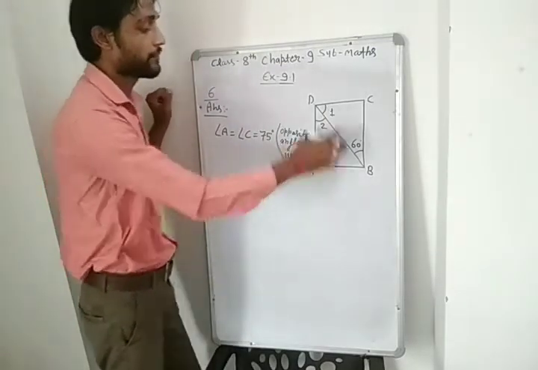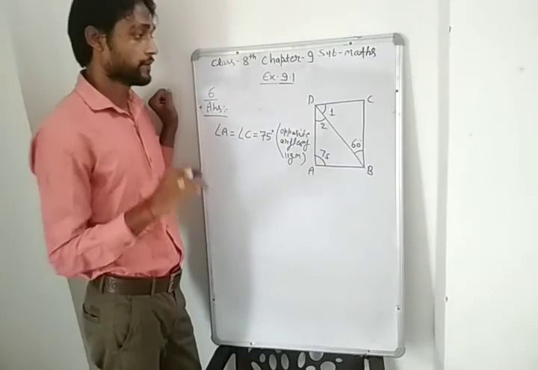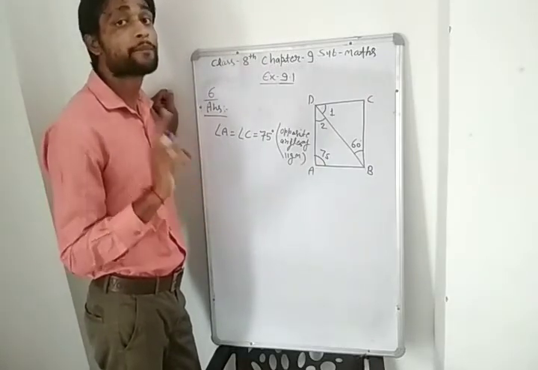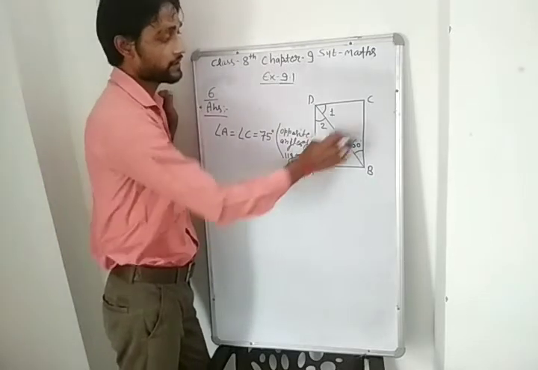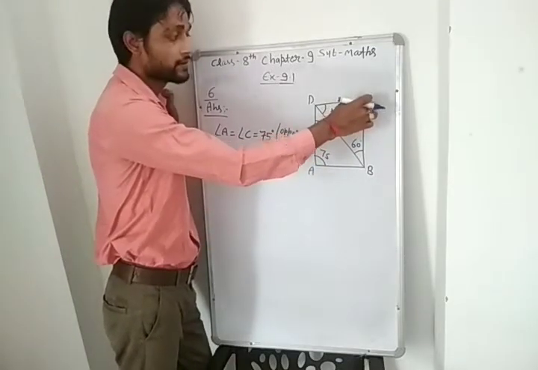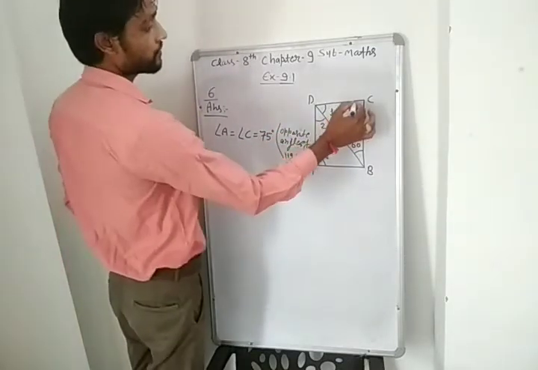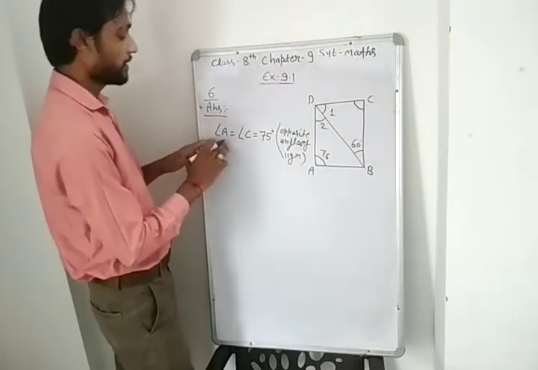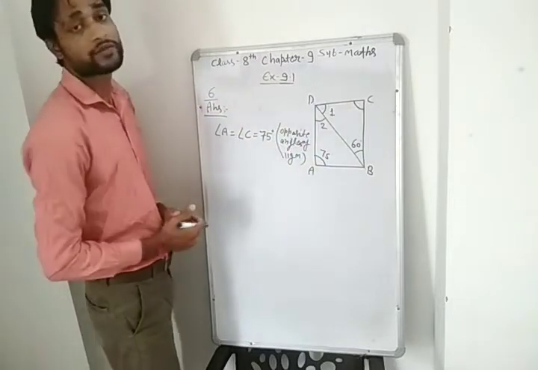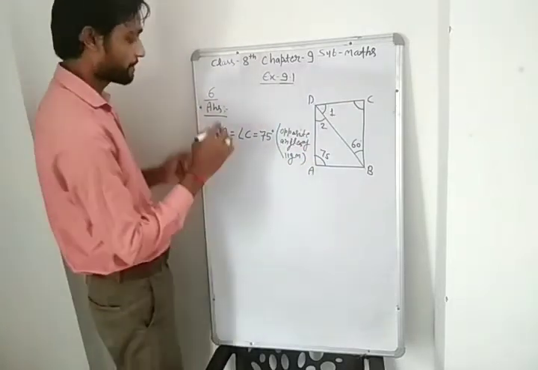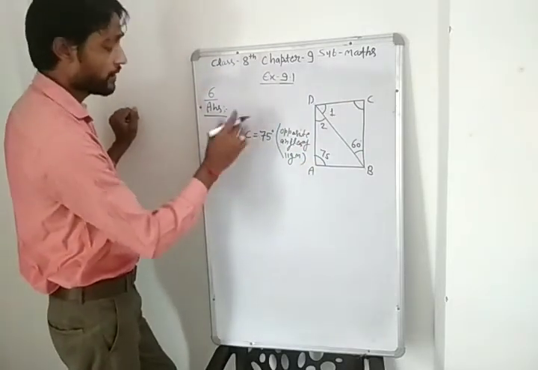You know that the property of a parallelogram is that opposite angles are equal. So angle A is equal to angle C, and A is equal to 75. It means C is also equal to 75. Clear?